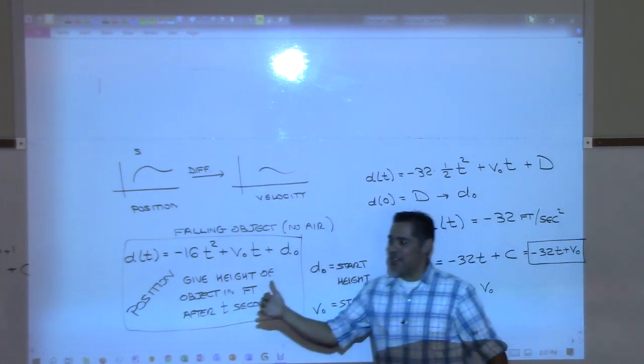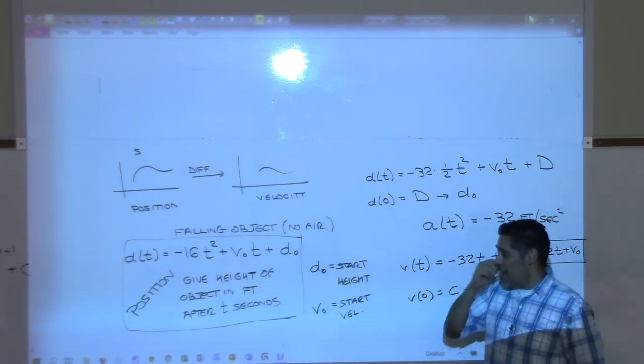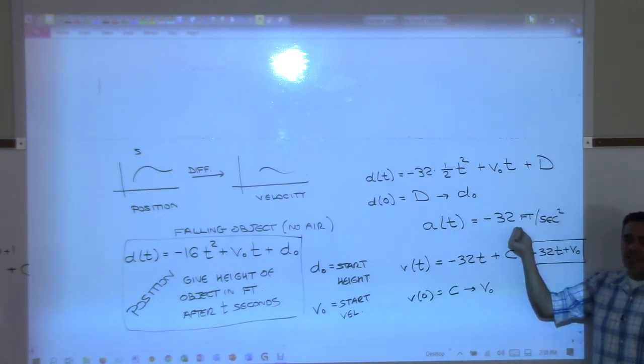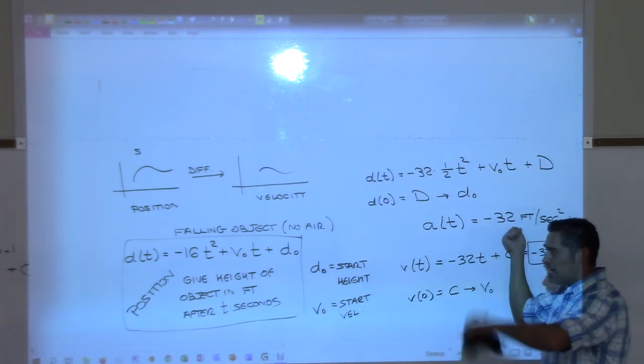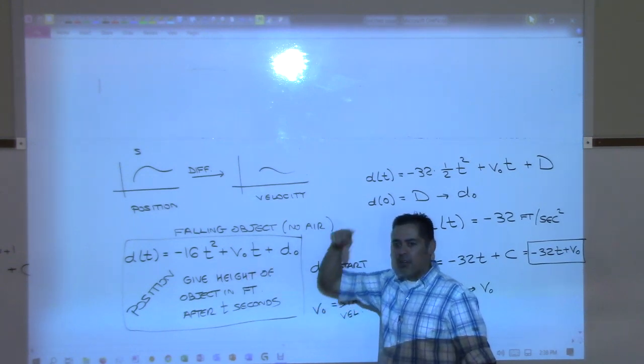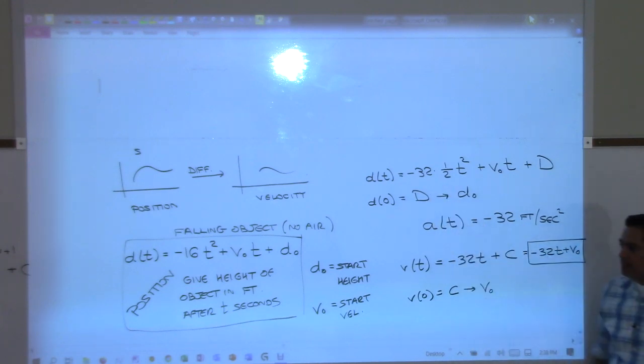You move over here and your gravity is different than over here. It could be, right? But as long as it's constant, you can always model the position of something falling on any planet with a parabola, because you're going to integrate a constant twice, so the power goes up twice.